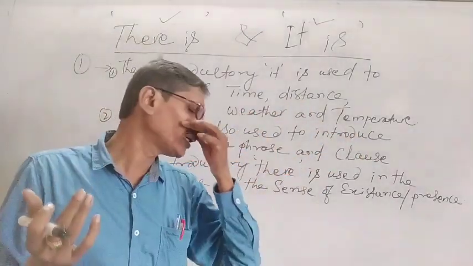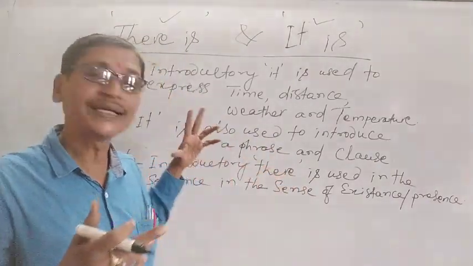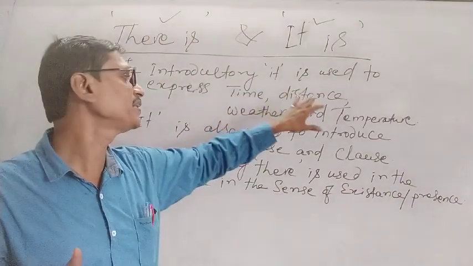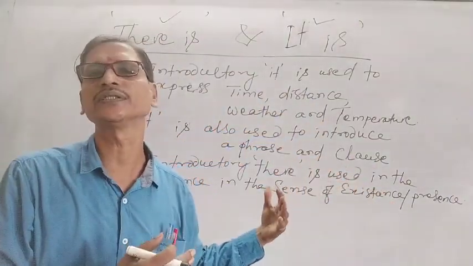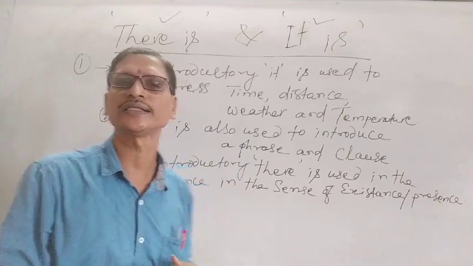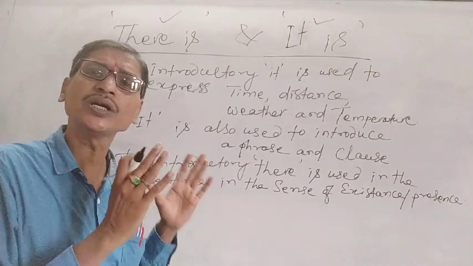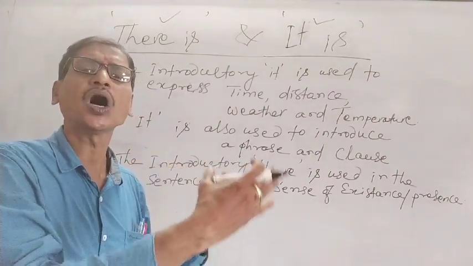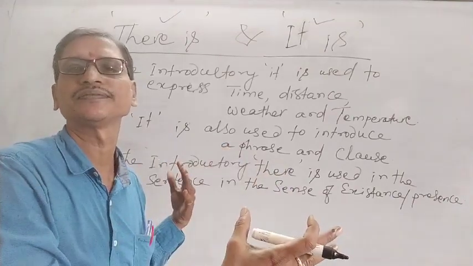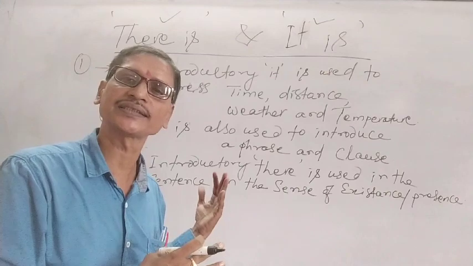And normally we use "it" for non-living things, but here, for time, distance, weather and temperature also, we use introductory "it". Similarly, we also understood that we use the introductory "it" to express a clause or a phrase. That also we discussed in our previous class.